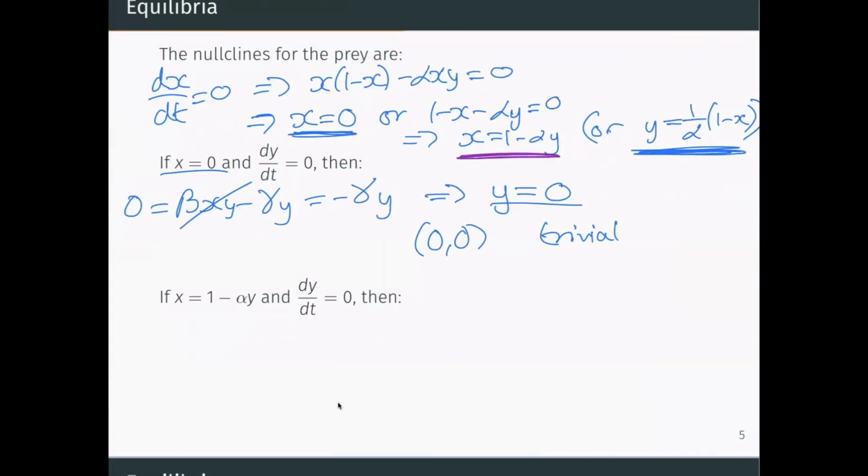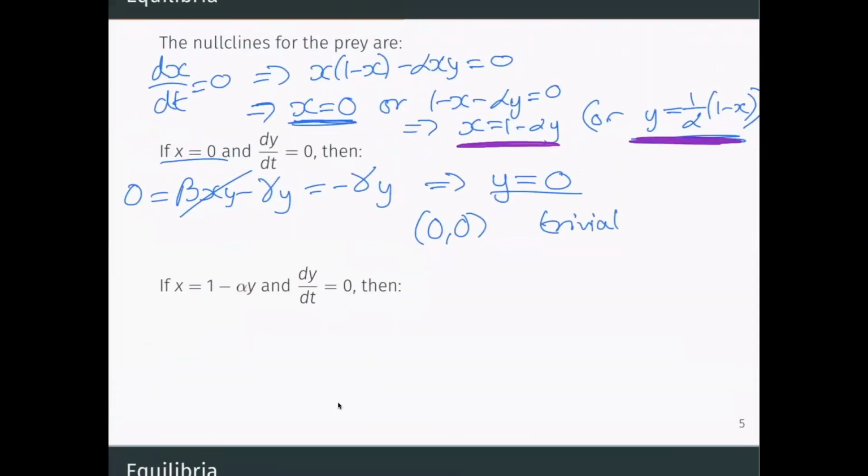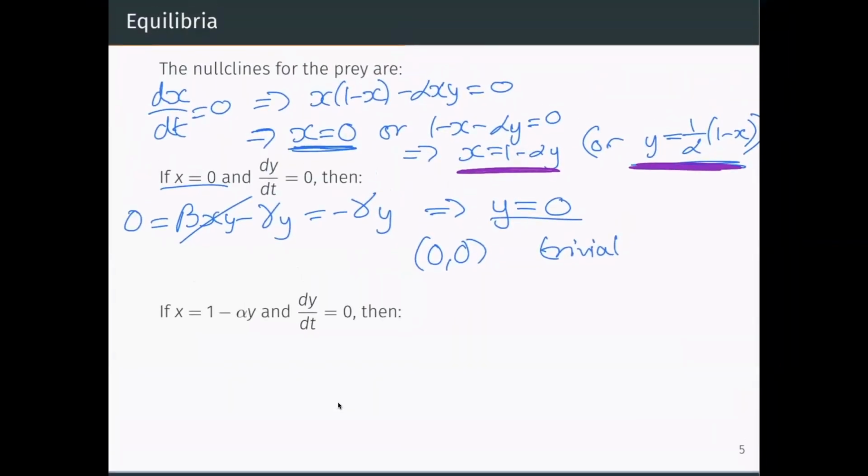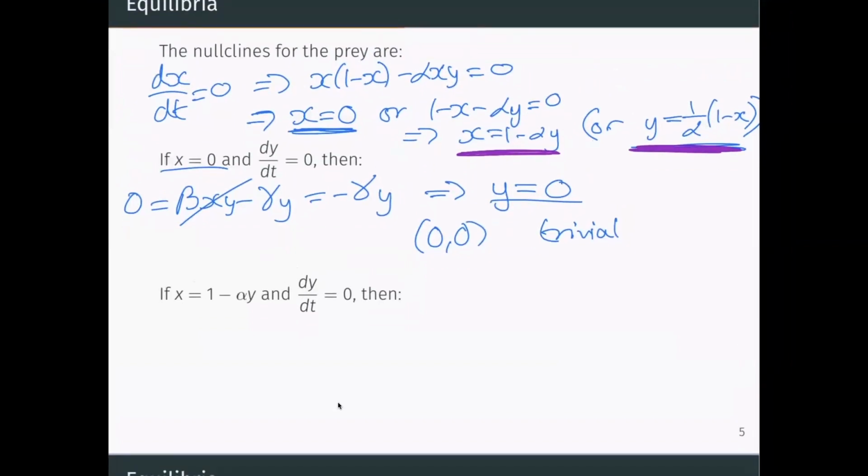Now let's think about our other null line. I'll indicate it in purple. On this null line, we're told that x is non-zero because we divided through by x. So let's think about dy/dt. Well, dy/dt being equal to 0, let's substitute in our value of x. We had beta xy, so we're going to have beta times (1 minus alpha y) times y, and minus gamma y.